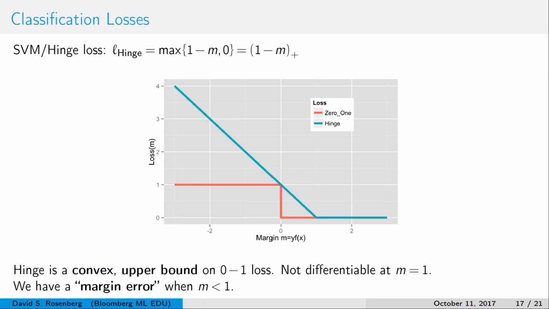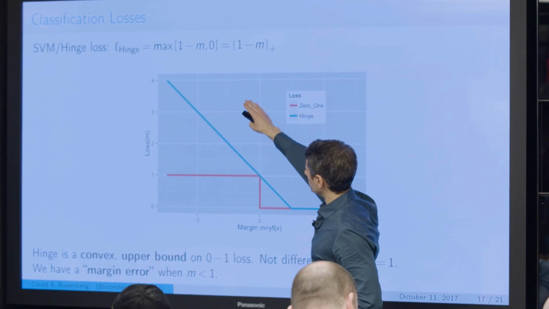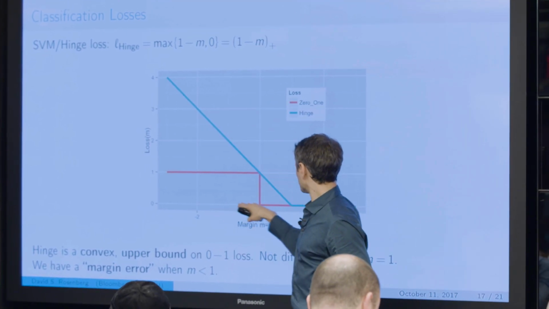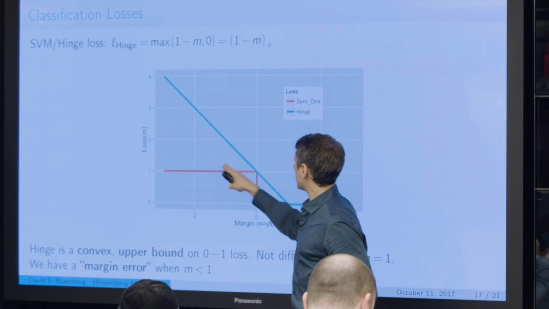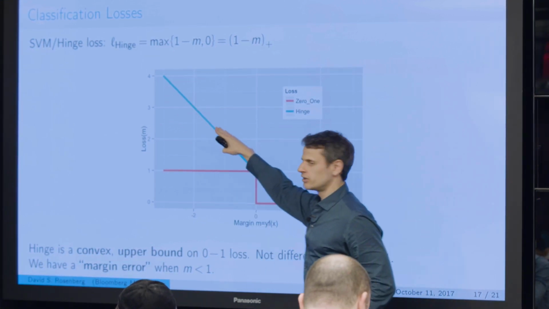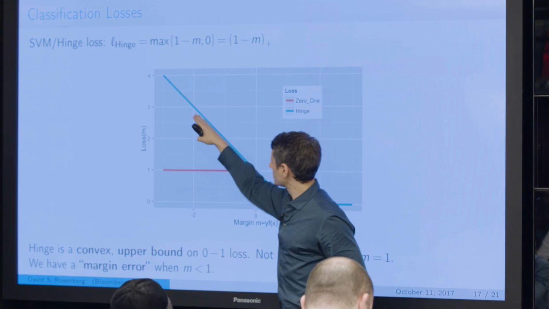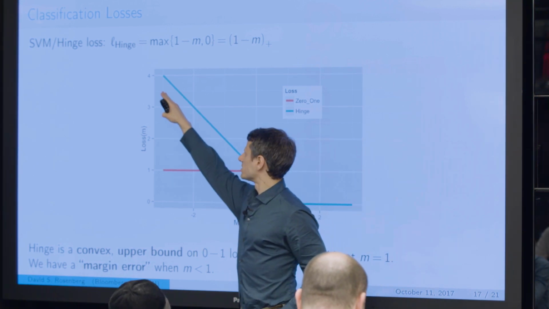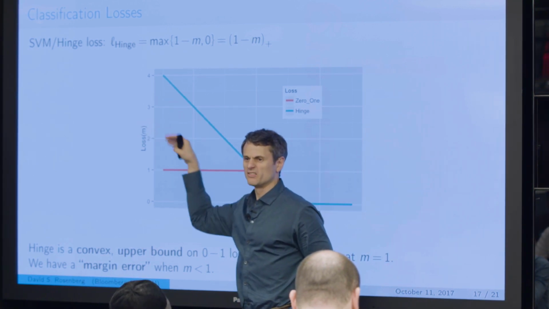All right, let's look at our first interesting margin-based loss. It's called the hinge loss. First, let's look at the expression: max of 1 minus m, 0. So the hinge loss is a function of m. Let's look at the graph. It comes down like a linear function. We're penalizing more and more as our margin is more and more negative, so more and more wrong.